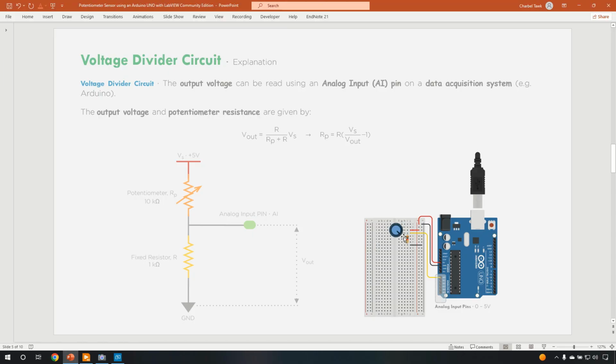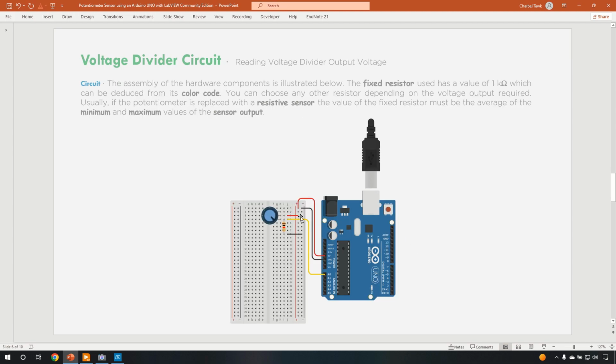So as we can see right here, the equivalent of this circuit, whenever we want to connect it to the Arduino, is as follows. We can see here that we are using only 2 pins of the potentiometer because we are using it as a sensor by itself. And by rotating it, we are changing the effective resistance between these 2 pins, the middle pin and the first pin.